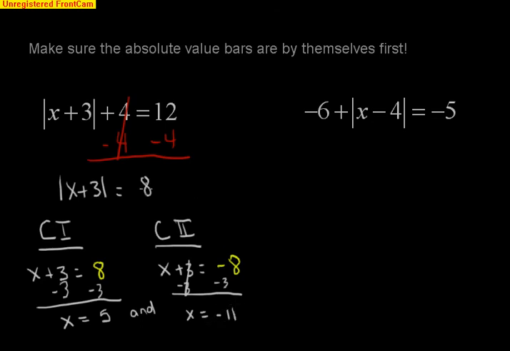And again, going back here and checking your answer, plug in 5. 5 plus 3 is 8. Absolute value of 8 is 8. 8 plus 4, you get 12. Negative 11 plus 3 is negative 8, and the absolute value of that, again, is going to be 8, plus 4, you get 12. Notice this example over here.